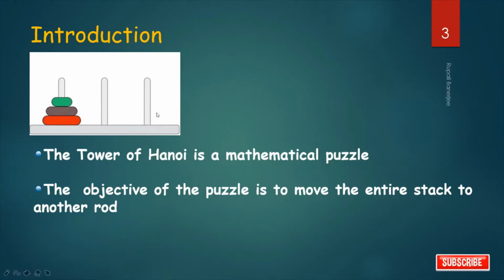The objective of the puzzle is to move the entire stack to another rod. So, the objective is to move these three discs into the third rod by using the second rod.